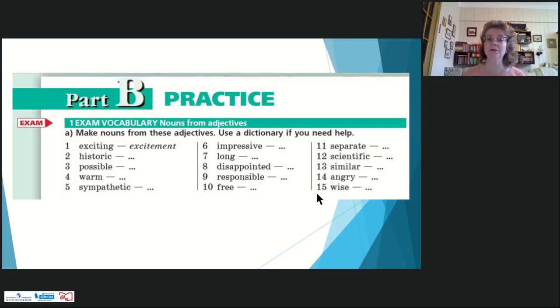You have got 15 adjectives here, and you are to make nouns from them. Use your sheet of paper. Put down 14 numbers, not 15, because the first excitement is already given for you. Write down numbers from 2 up to 15 and don't copy the adjectives. You don't need them. Just write down nouns and try to do it very quickly.